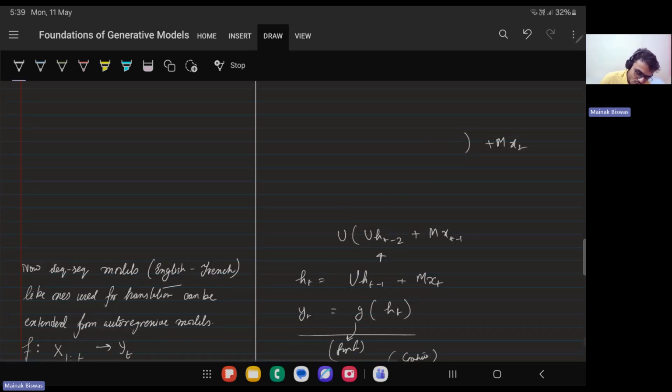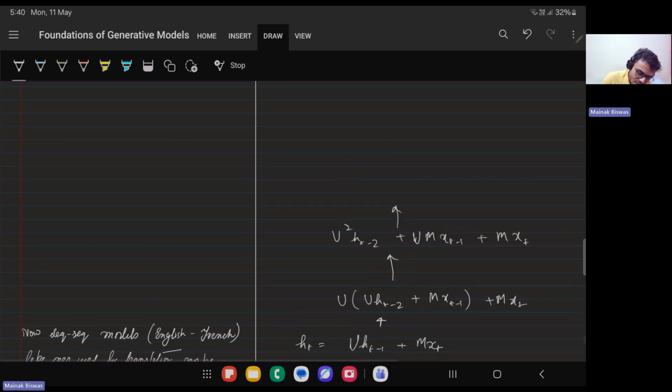So by induction, this is actually going to get u squared h_{t-2} plus u m x_{t-1} plus m x_t. If you go another step, you're going to get u cubed h_{t-3} plus u squared m x_{t-2} plus u m x_{t-1} plus m x_t.